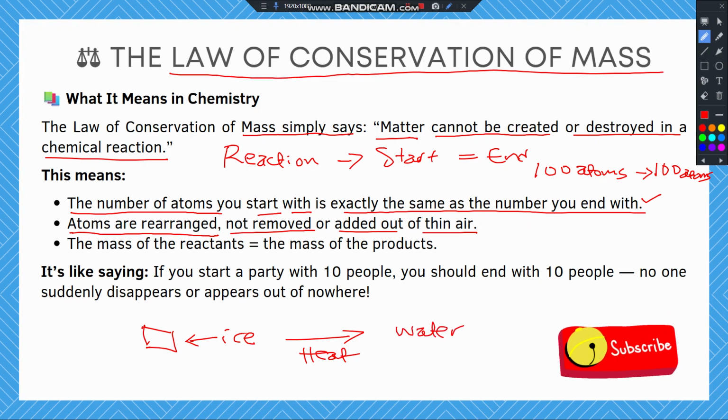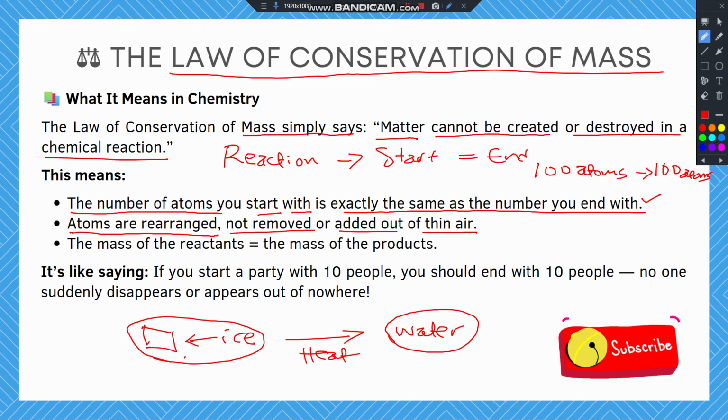Let's assume this is a reaction that has occurred. Now, the amount of ice that I started with, or the weight of ice, according to the law of the conservation of mass, must be the same as the amount of water that I am ending with. Okay, no new substances are magically disappearing, and no new substances are magically appearing from nowhere.